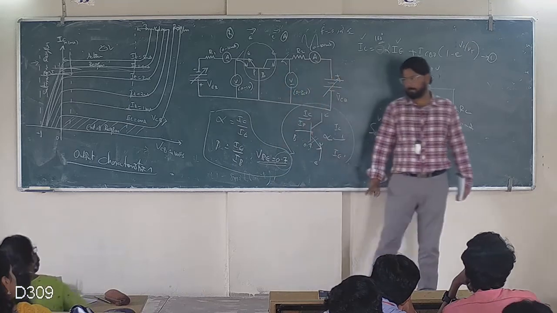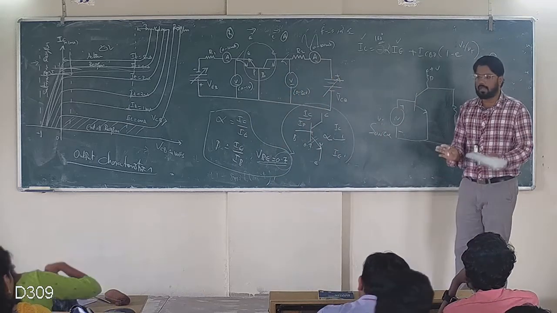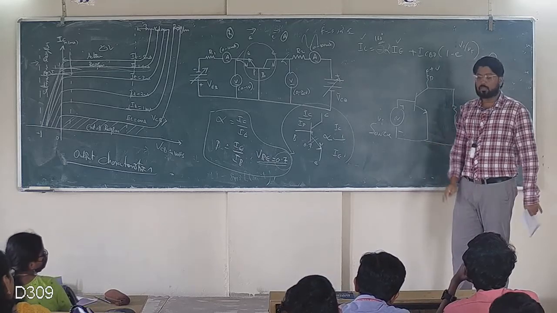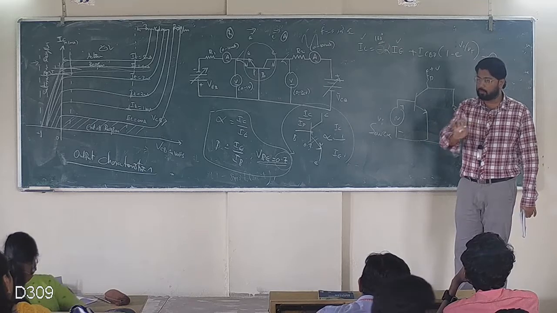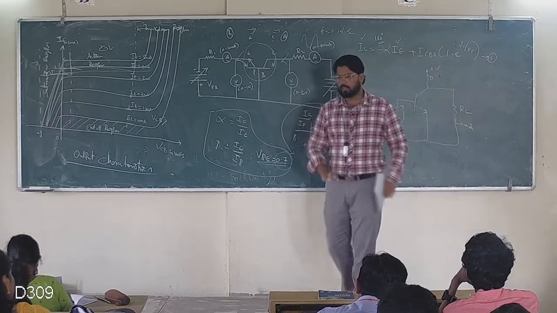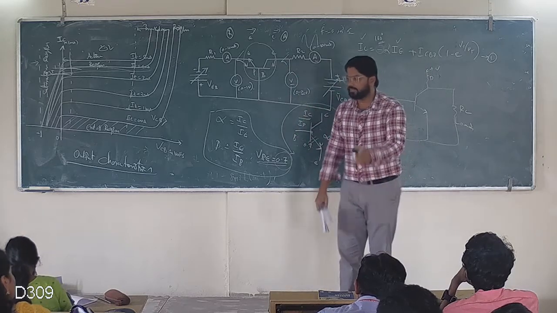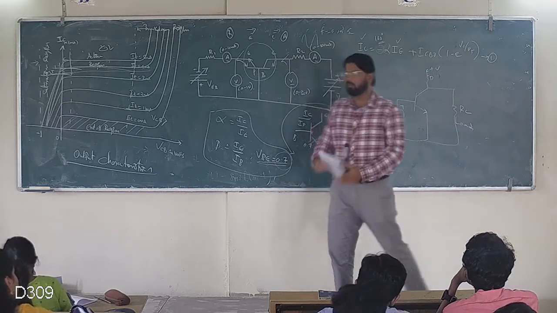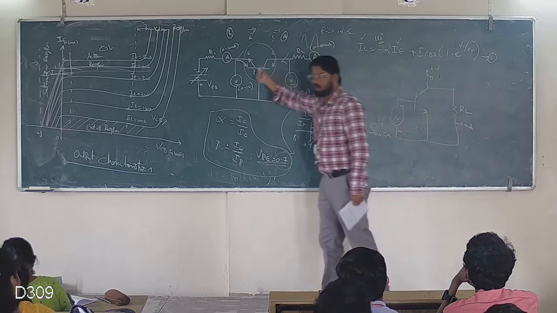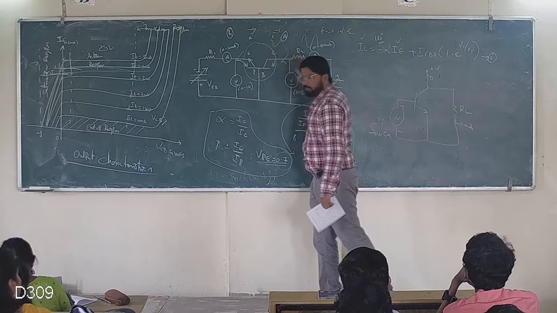Both look like complex conjugates, but let me explain. Don't worry. Whatever the book said, opposite direction, is absolutely correct. Whatever you see in the diagram, same direction, is also correct. The book says IC and IE are in opposite directions with respect to the amplifier circuit, and in the common base diagram they are not opposite. Both are correct.